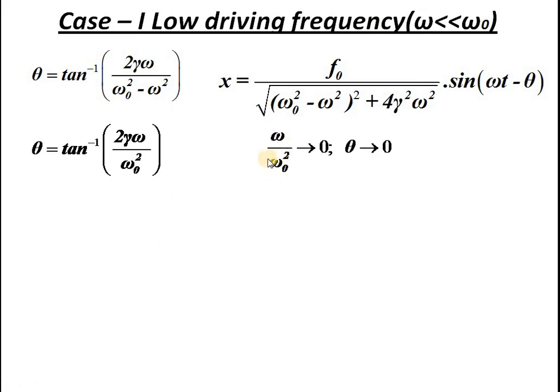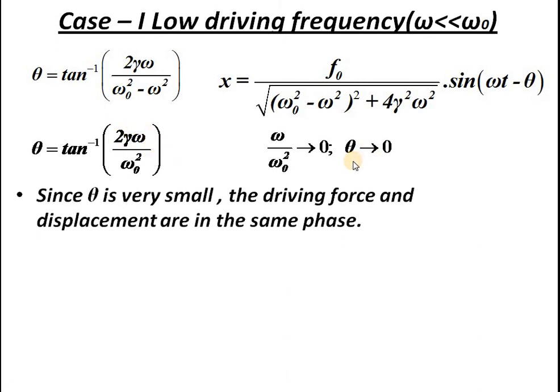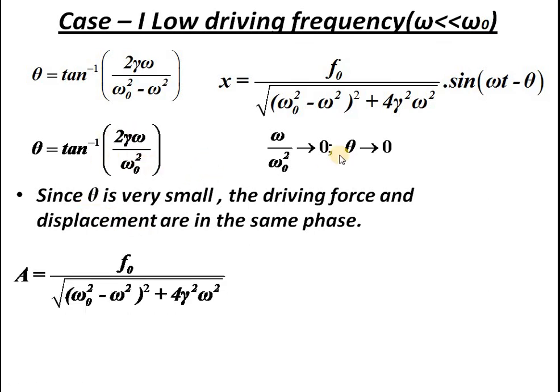And of course, since omega 0 is much larger, the ratio given here becomes very, very small, that means this factor tends to 0. When theta is very, very small, the angle tends to 0, negligibly small.